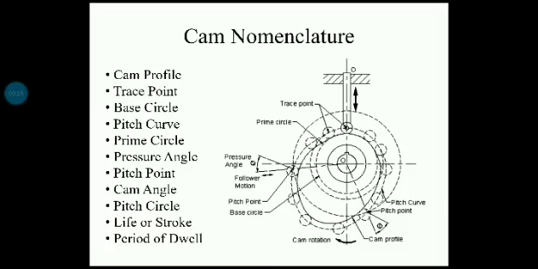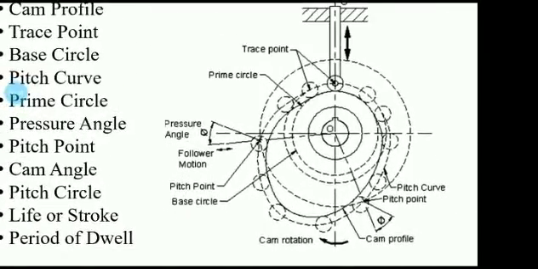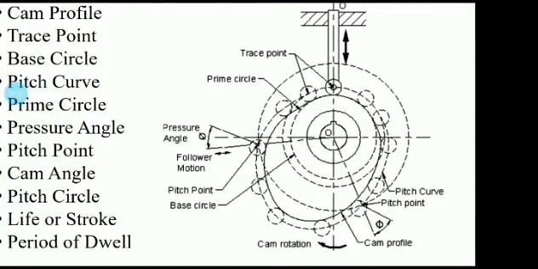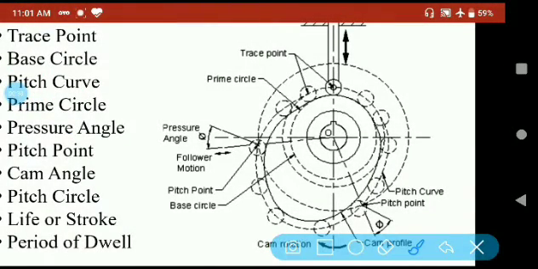In the figure you can see the prime circle. You can see, this is the prime circle. It is wrongly indicated in this particular figure, so please try to note the change. It is from the center to the pitch curve.